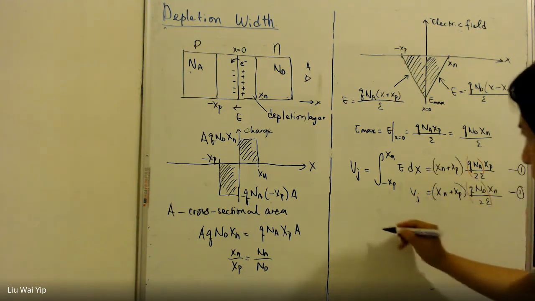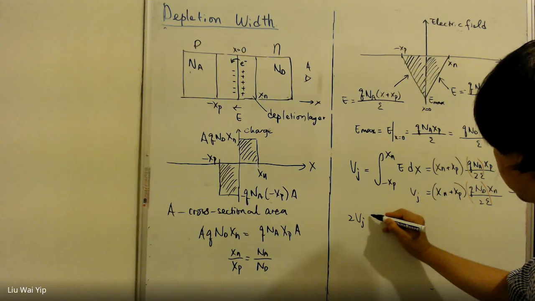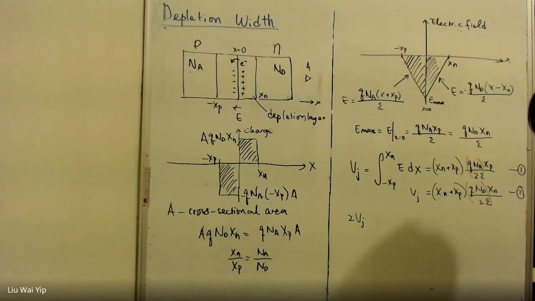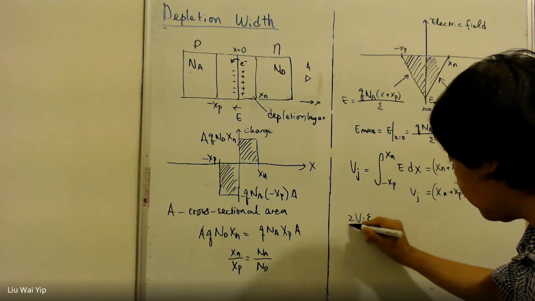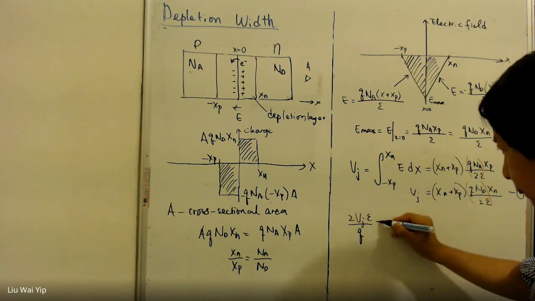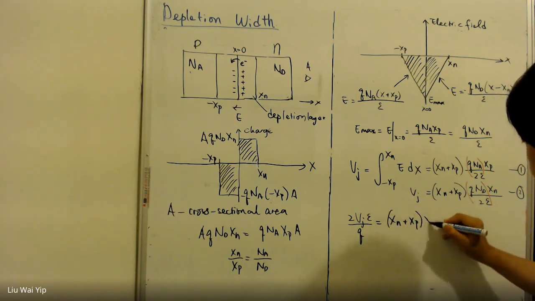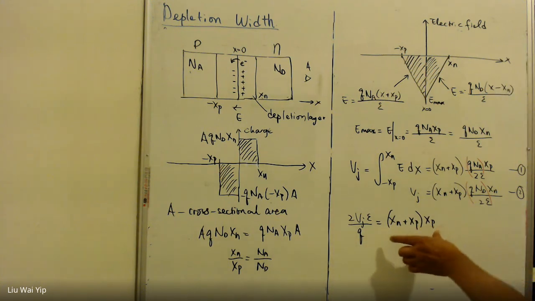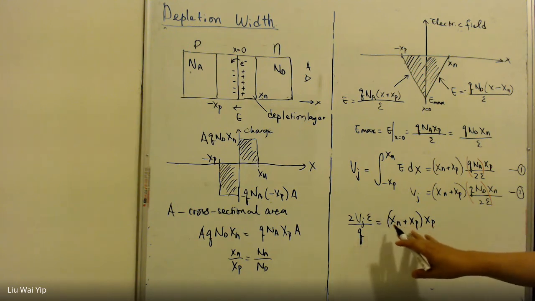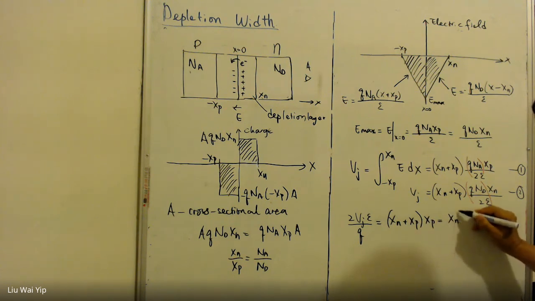Then 2 epsilon divided by Q. The left side and the right side is xn plus xp times xp.